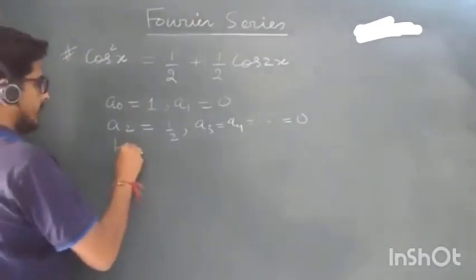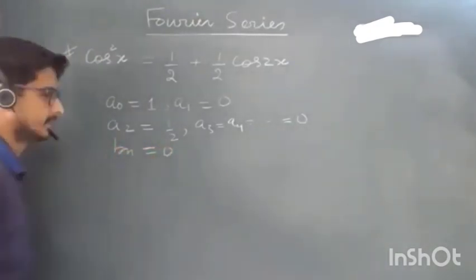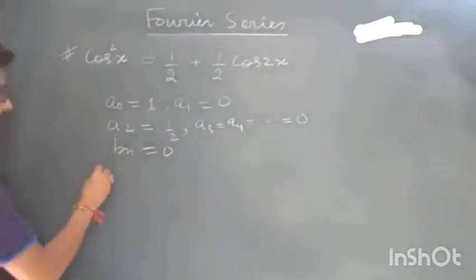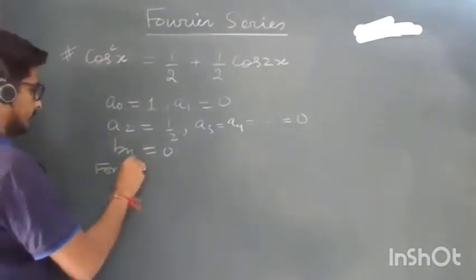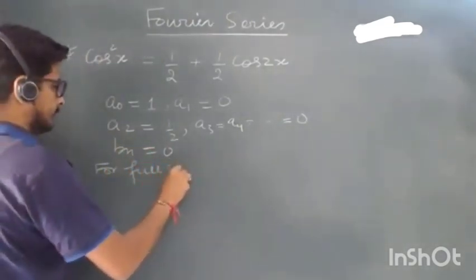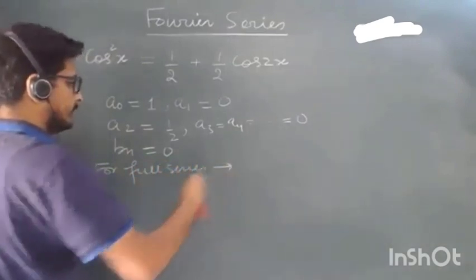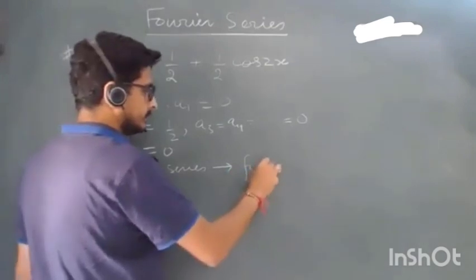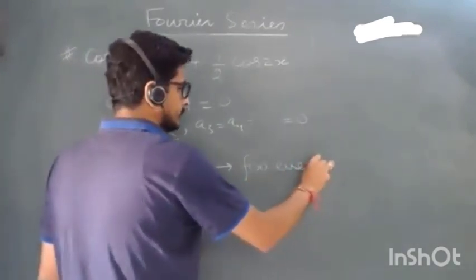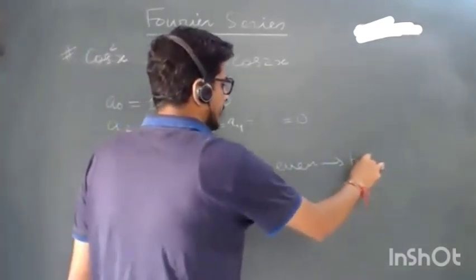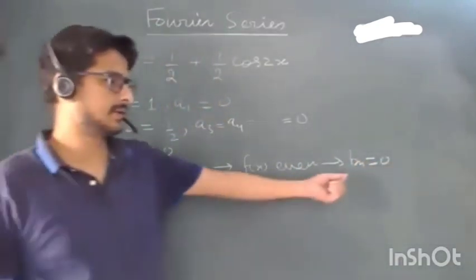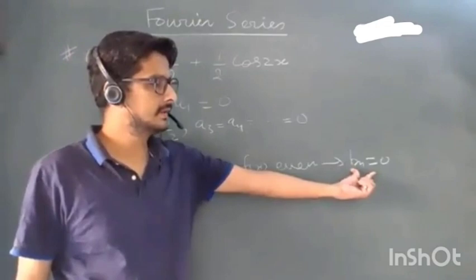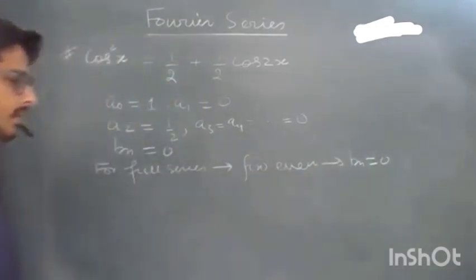And what is the value of b_n? It is also 0. So for the full series, if the function is even, b_n should go to 0 because there is no need of writing the odd coefficients. These are the sine coefficients, so in an even function they have no role.